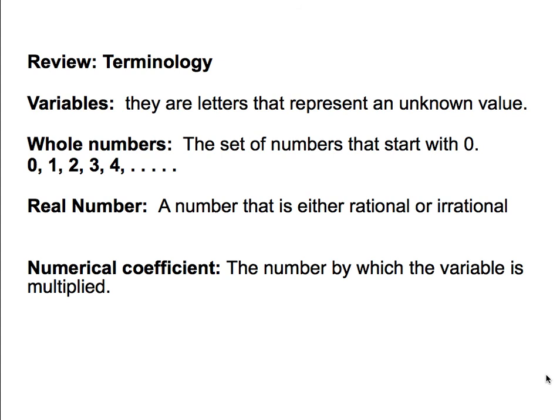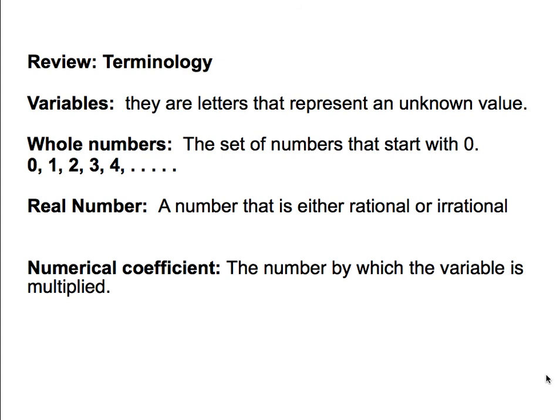Real numbers are numbers that are either rational, so those repeating or terminating decimals, or irrational, so those non-repeating, non-terminating decimals. Another way to represent a real number is that any number you can find on your calculator is a real number.